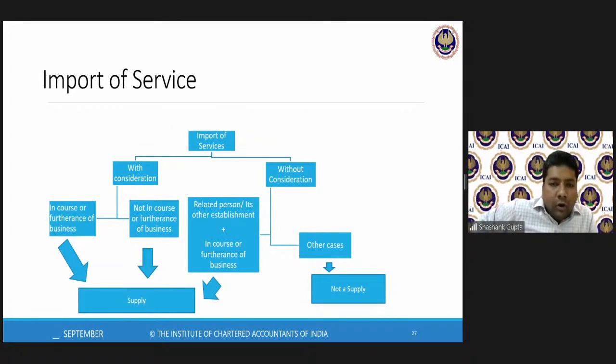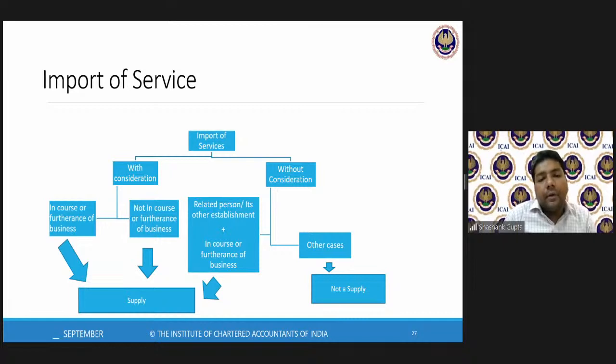Import of service with consideration not in the course of furtherance of business is still a supply. And this we have all discussed earlier. I'm just giving you a comprehensive chart for you to be able to revise it and quickly refer to it.